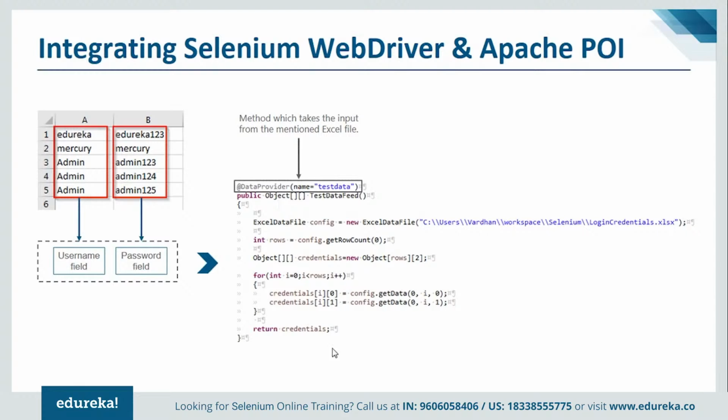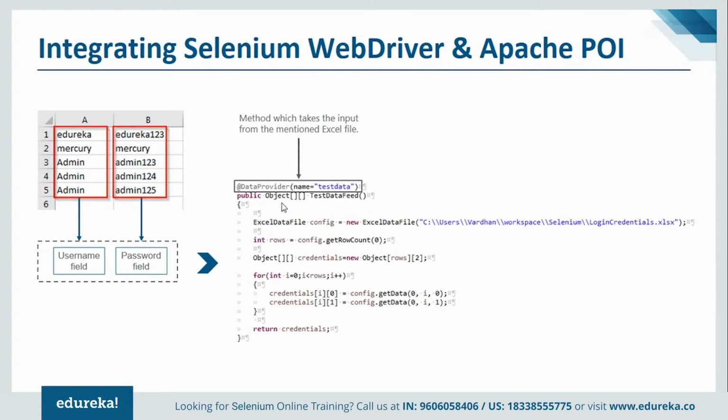I have another class called Excel data file, and in that file I have placed all the libraries and jars that Apache POI requires. When Apache POI gets all the data in, that can be used and called in the main function.